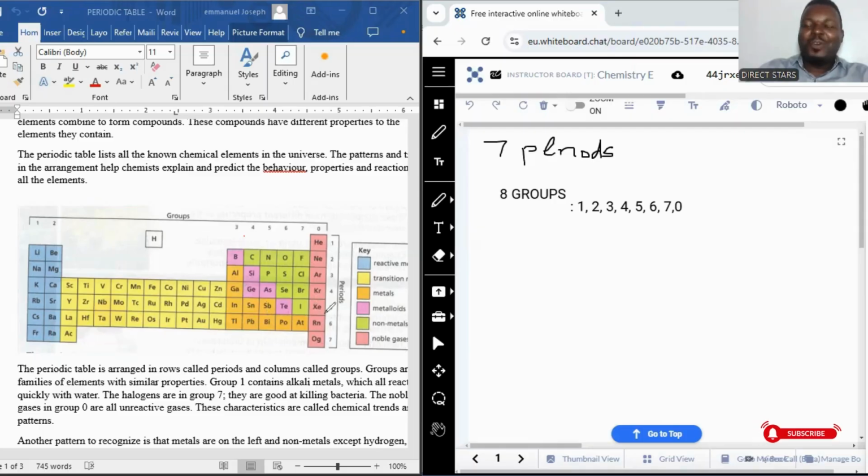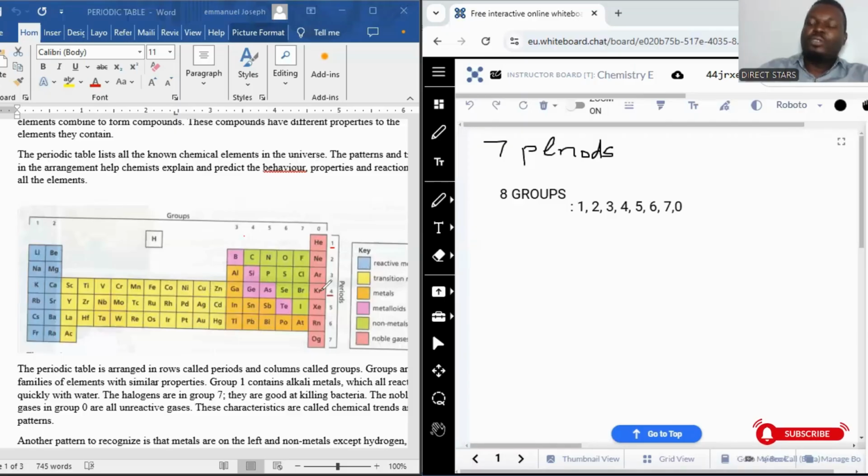When you look at the number of rows we have, you will observe we have 7 rows on the periodic table. The first row is period 1, as you can see. The second row, containing lithium up till neon, is period 2. Okay, and then period 4, as you can see, covers elements from potassium, that is symbol K, straight to krypton.